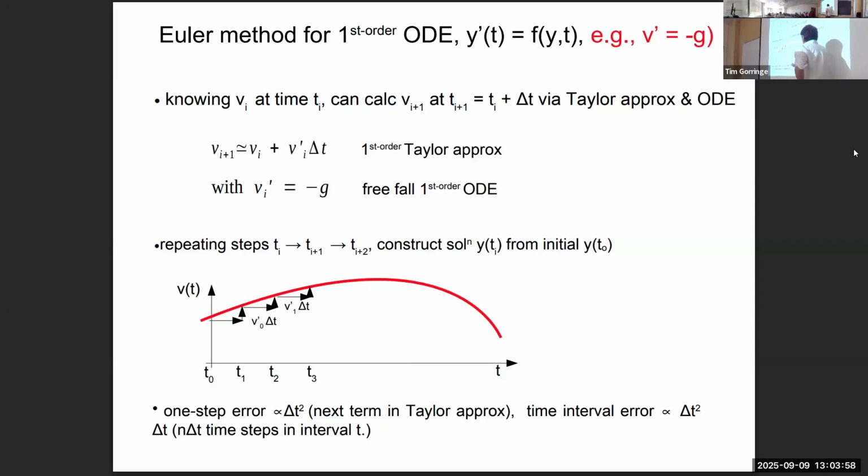So that's the procedure that we're going to follow. And this procedure is going to allow us to calculate v i plus 1 from v i. And so if we know v, let's call it v naught, at time t naught, then we can calculate v1 at time t1, v2 at time t2.